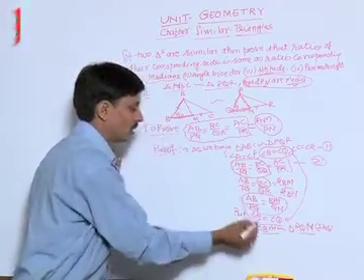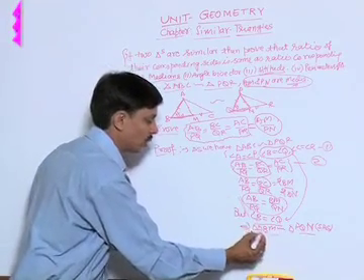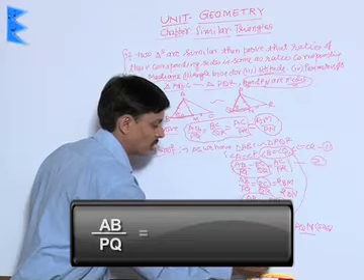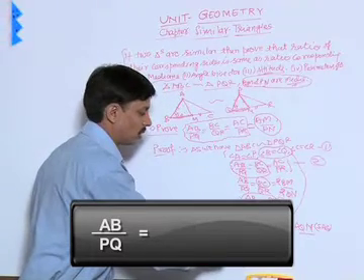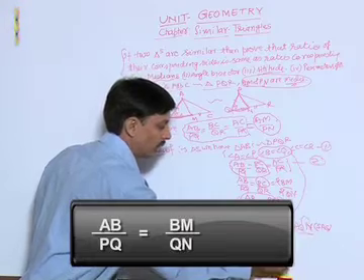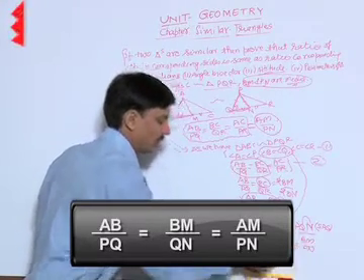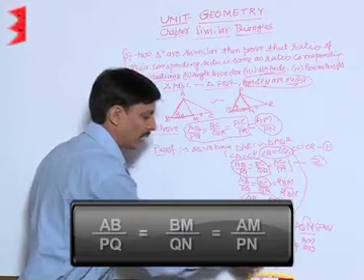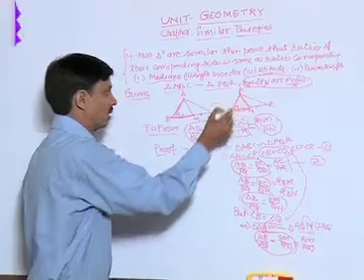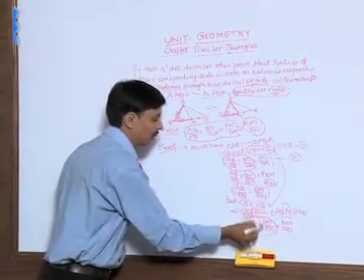It means the sides have to be equal in ratio. So we can conclude AB upon PQ is equal to BM upon QN, and also equal to AM upon PN. So from this conclusion, what are we finding? The ratio of AB to PQ, that is the ratio of the sides of the big triangles, is the same as AM to PN.